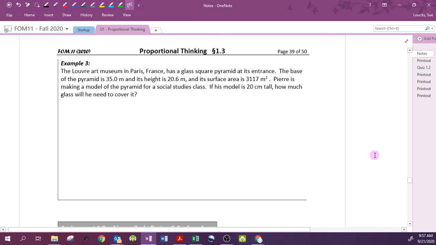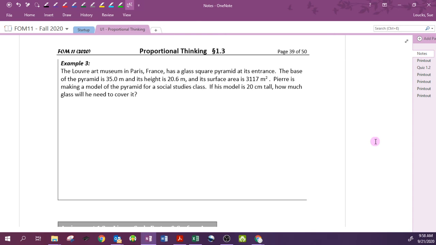The Louvre Art Museum in Paris, France, has a glass square pyramid at its entrance. The base of the pyramid is 35 meters and its height is 20.6 meters and its surface area is 3,117 square meters. Pierre is making a model of the pyramid for a social studies class.